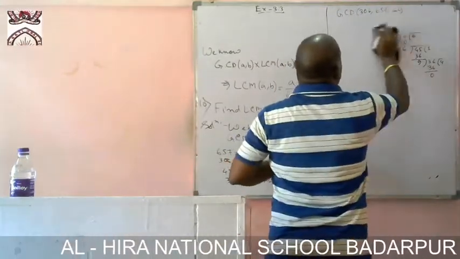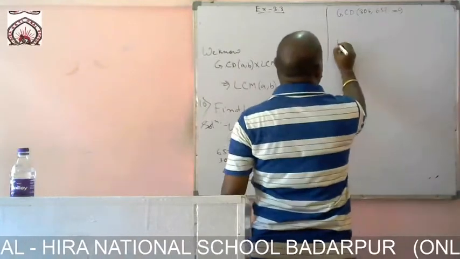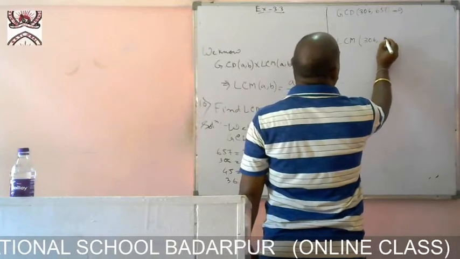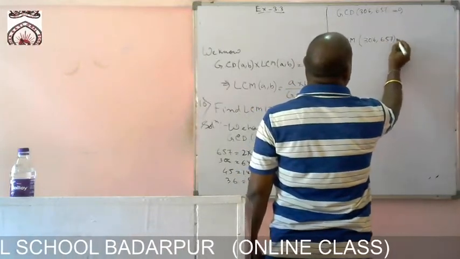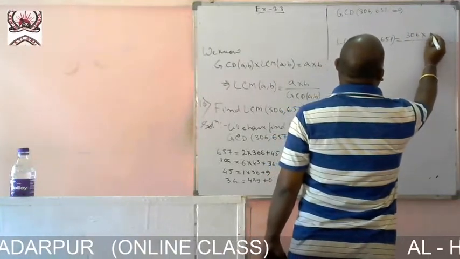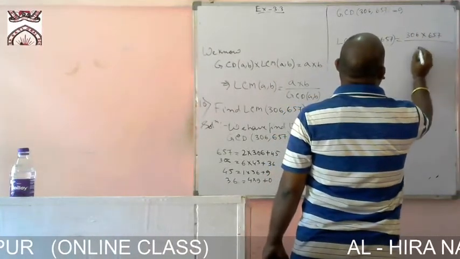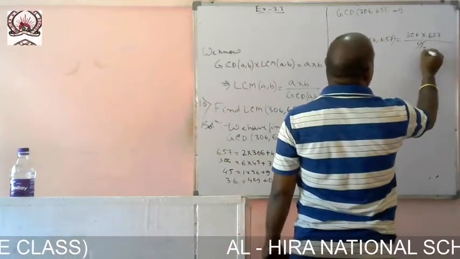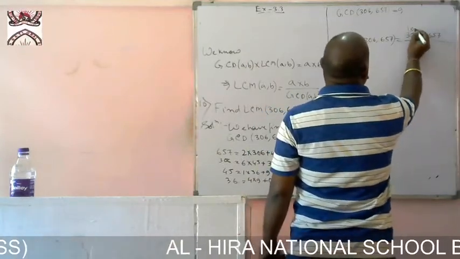Now what we have to find? The LCM of 306 and 657 is equal to the product of the two numbers, 306 into 657, divided by 9. If I divide it by 9, if I cut it by 3, 102.